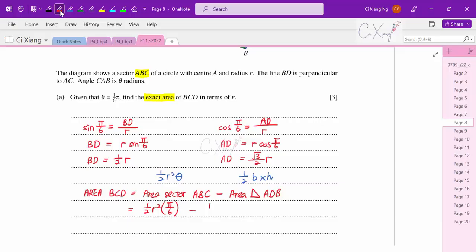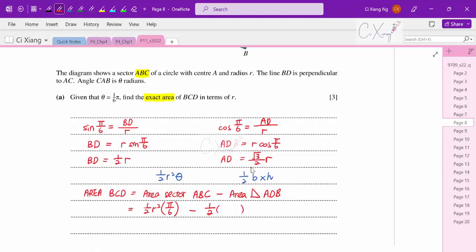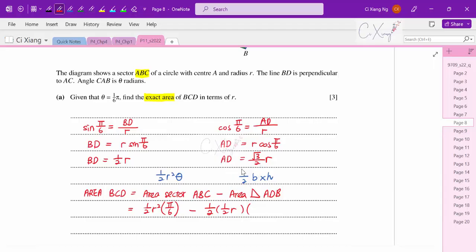The base can be either BD or AD. So you can write half R and then multiply with the height. If your base is BD, then the height will be AD, which is square root 3 over 2 R.